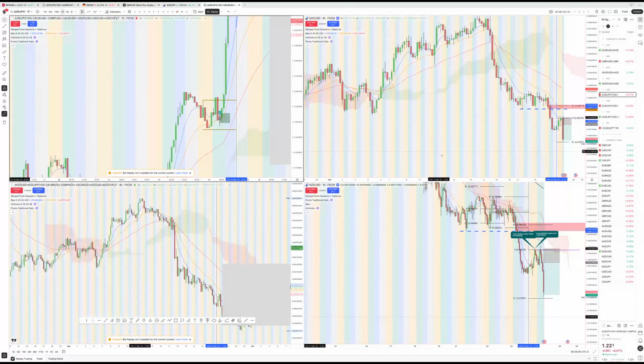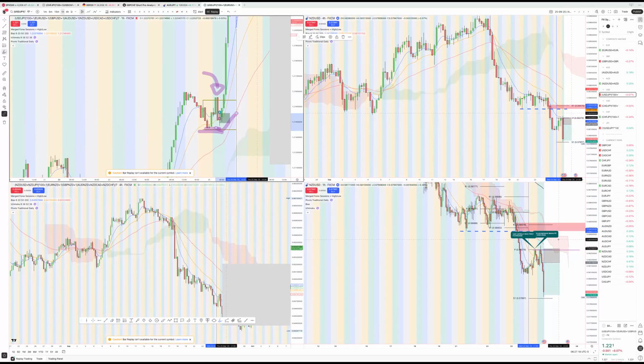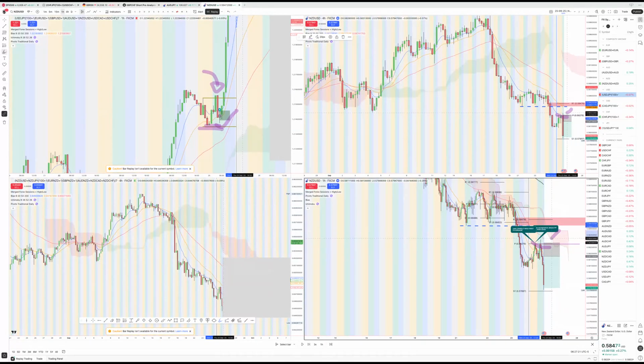And even if you look at New Zealand USD, same scenario. You see where Asia created the non-acceptance here, created the boundary, and a very shallow pullback. London validated the bullish thesis, which was expressed here at the pivot point.